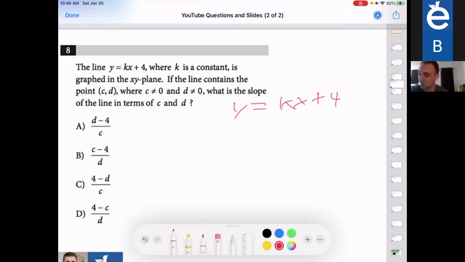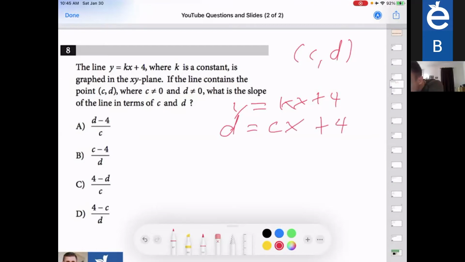Well, we have this coordinate point, C comma D, and we can just plug these in like they're numbers. It's kind of like a slope problem, but without actual values. We're just solving in terms of abstract variables. So if I plug in C for my x and I plug in D for my y, I get D is equal to C times x, so CX plus 4.